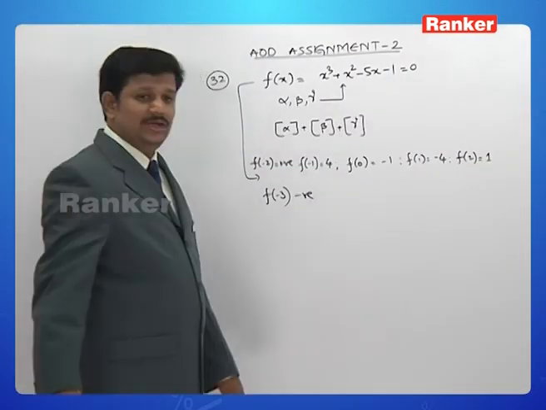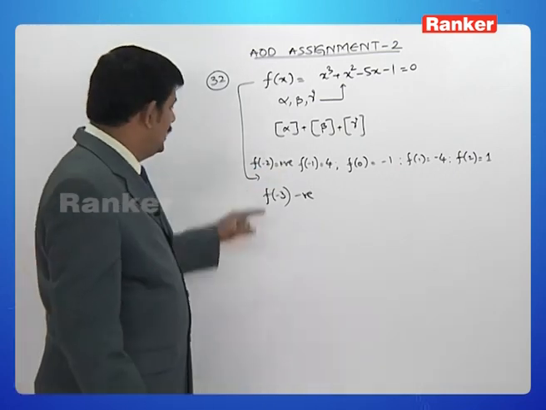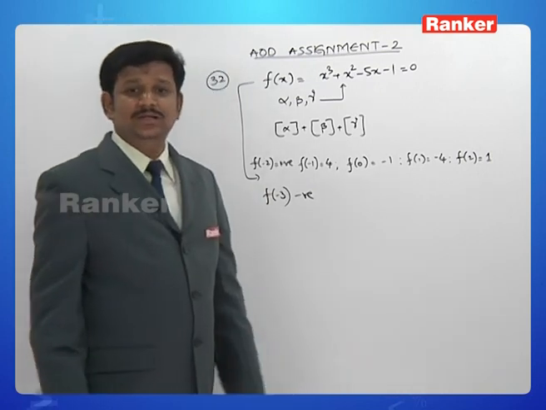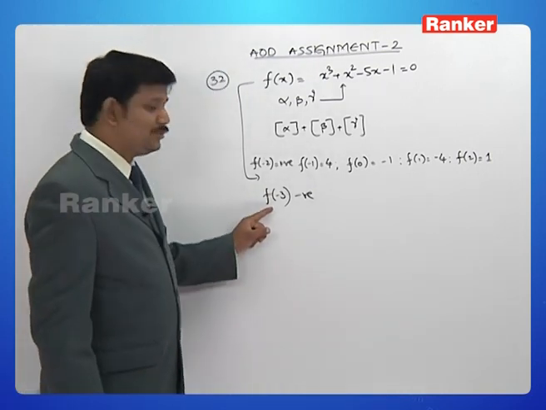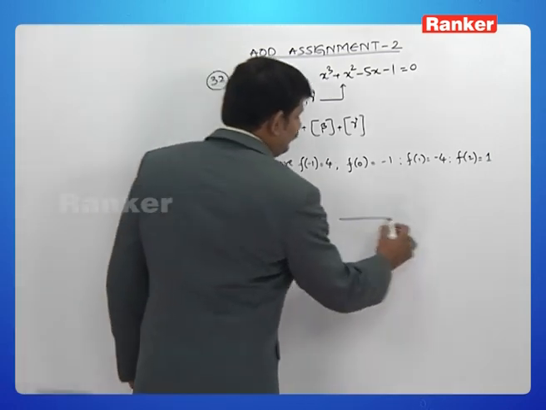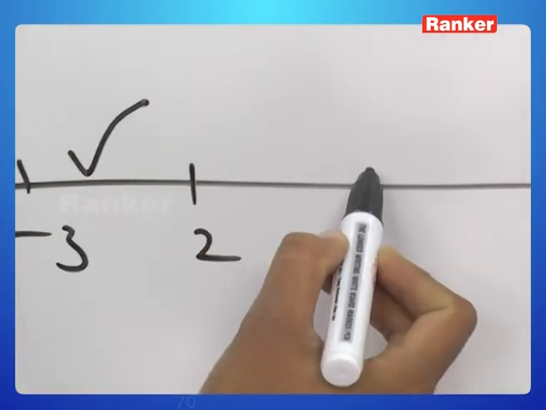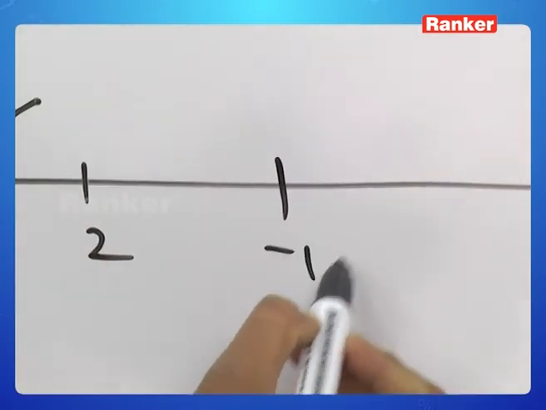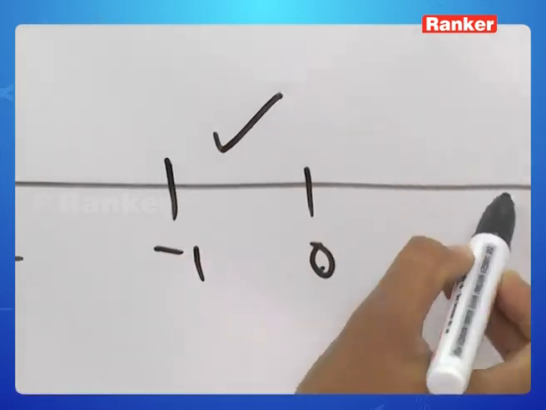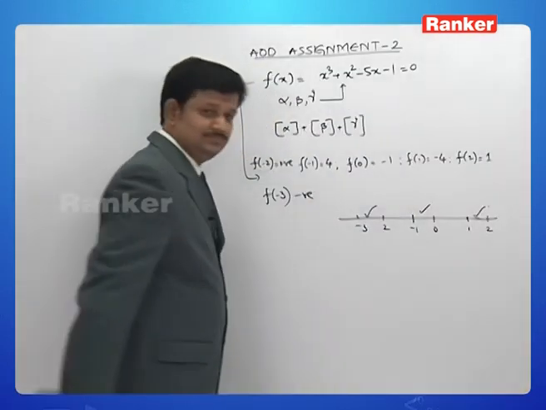We can see f of minus 3 is negative and f of minus 2 is positive, so there is a sign change, and for a continuous function there should be at least one root whenever there is a sign change. So between minus 3 and minus 2 there will be a root, between minus 1 and 0 there will be a root, and between 1 and 2 there will be a root.